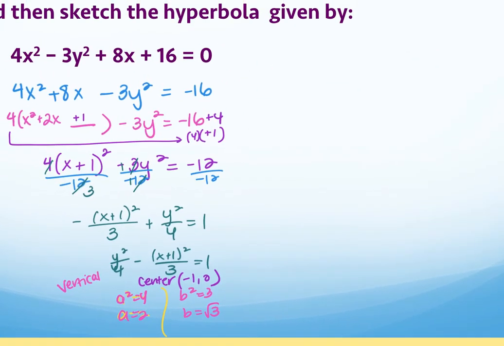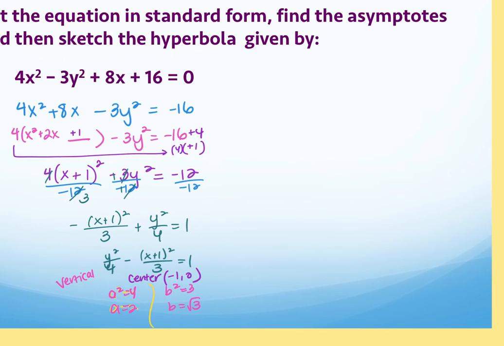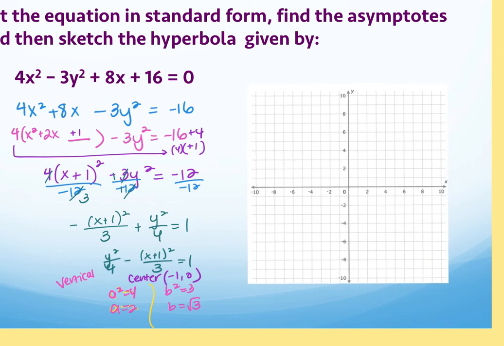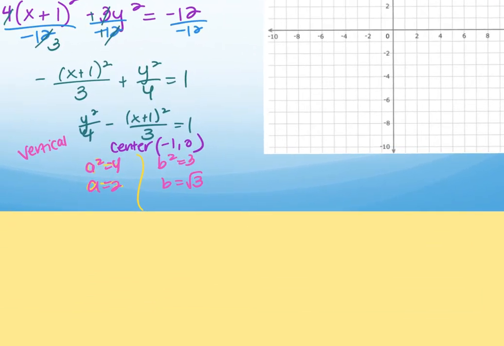All right, so now it says to graph it. Oh, I got to find the asymptotes still. Asymptotes are y equals k plus and minus. It's vertical, so a over b times (x minus h). So as soon as I know it's vertical, I write a over b, or if it's horizontal, I write b over a to remind myself to do that for the formula.